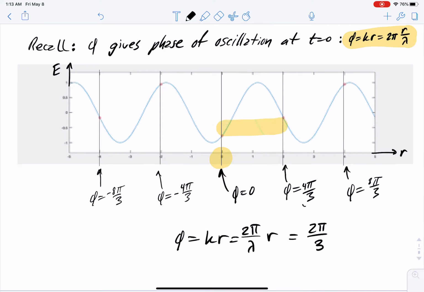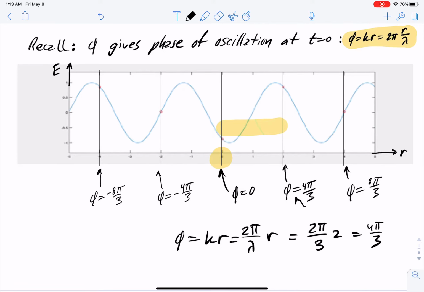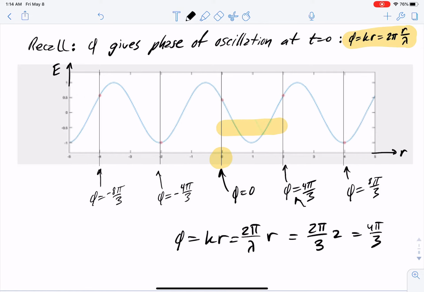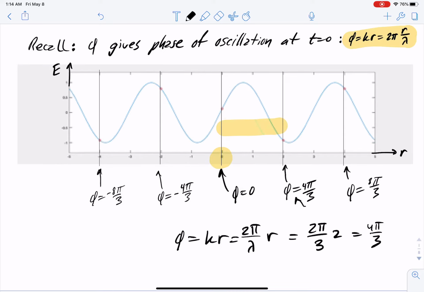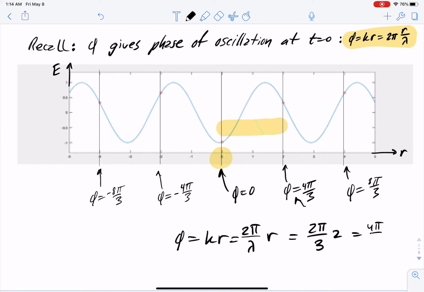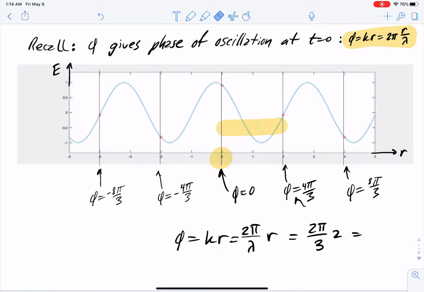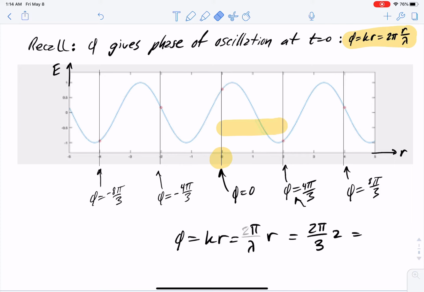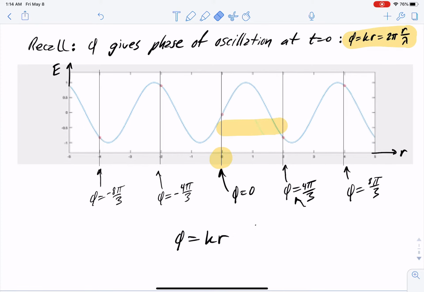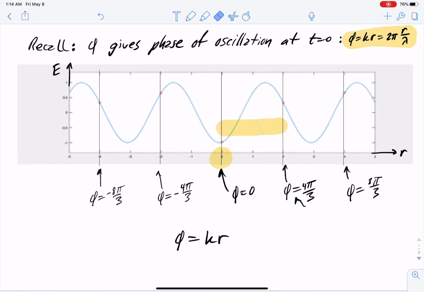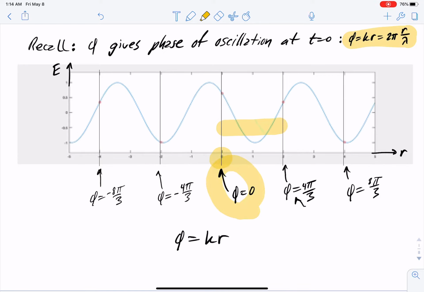This particular one is 2 units, so we get 4 pi over 3. So that's how you calculate this one. The phase has to do with where you are. In this case, it's computed by taking the wave number times the distance from what you're calling 0 phase. The choice of where your 0 phase is somewhat arbitrary, so I picked this point to be phase 0.